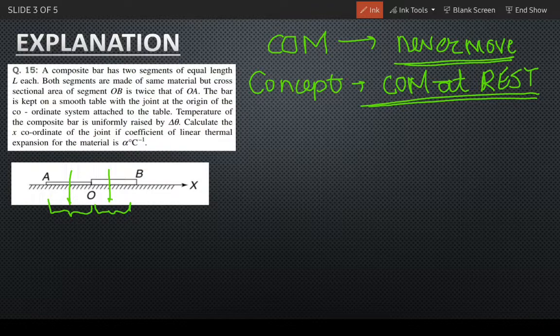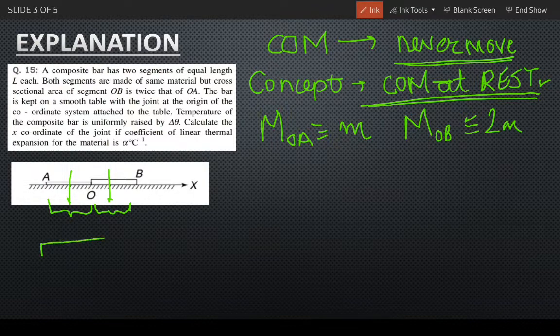So now starting with the question, let us assume the mass of rod OA to be equal to small m, then the mass of rod OB will be equal to twice m as given in the question. And we know that center of mass will not move and will remain at rest. So we can find clearly from the fact that this is OA and this is OB.